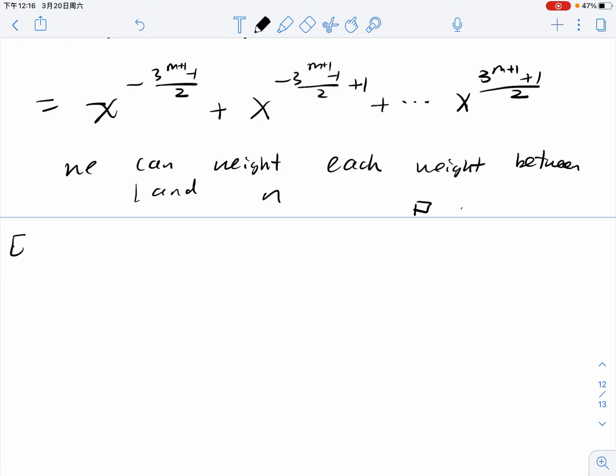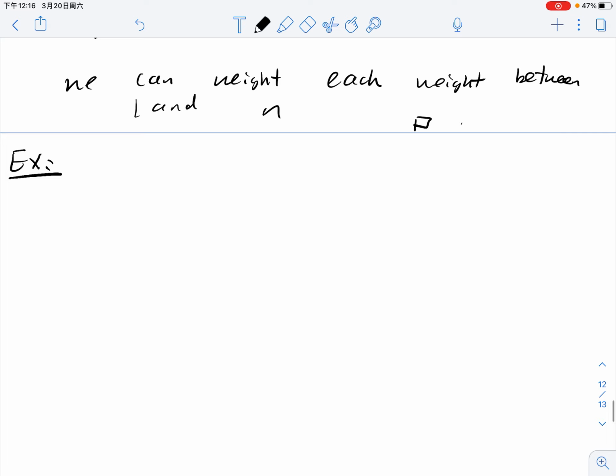Okay, and so we end up with this type of generating function by the following example, which gives you another way to solve the non-homogeneous recurrence relation.